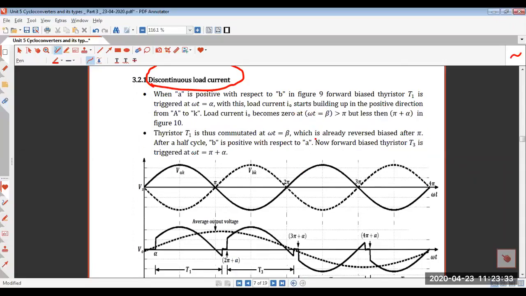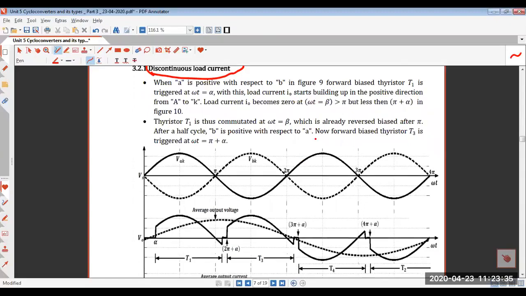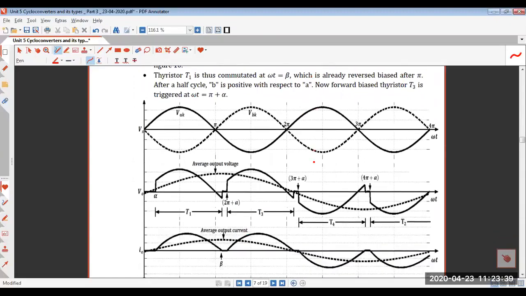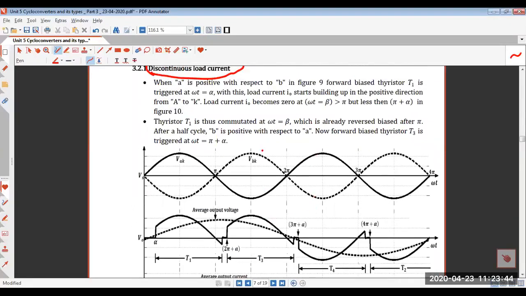But in RL load, because of the presence of inductance, there is always a lag between current and voltage, wherein the current lags the voltage by some angle.